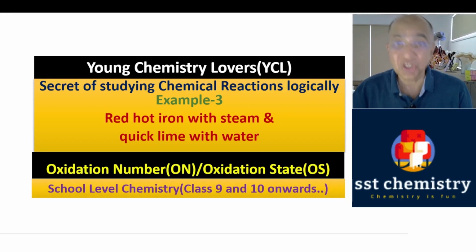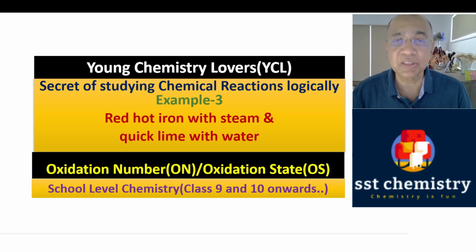Let us start discussing the third example of redox and non-redox reactions, in the context of studying the secret of chemical reactions belonging to either redox type or non-redox type.